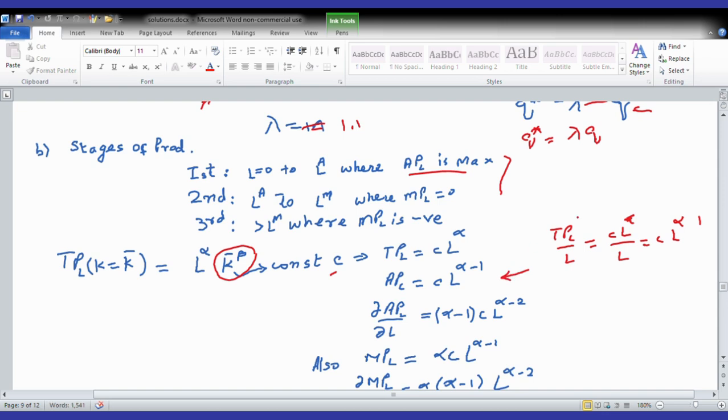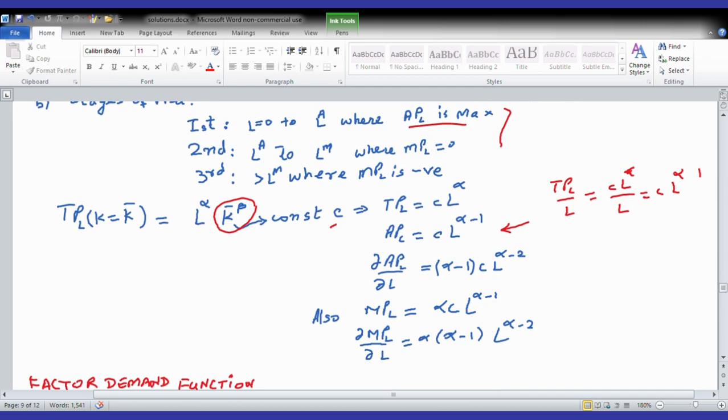Now I take the derivative of average product of labor with respect to labor. The power comes down, C is at its place, and from the power of L I subtract 1, so it is C times (alpha minus 1) times L raised to power alpha minus 2. Now look into this average product of labor curve.